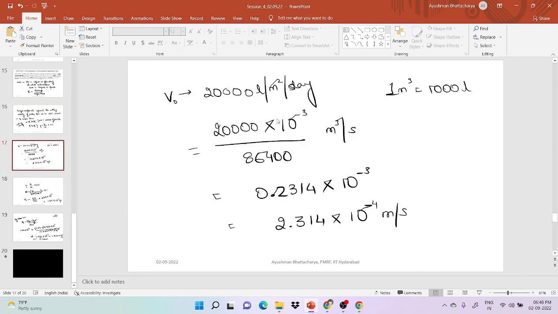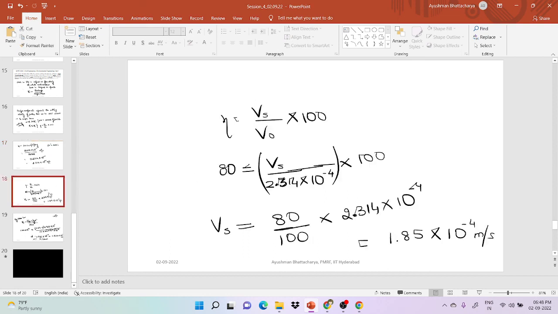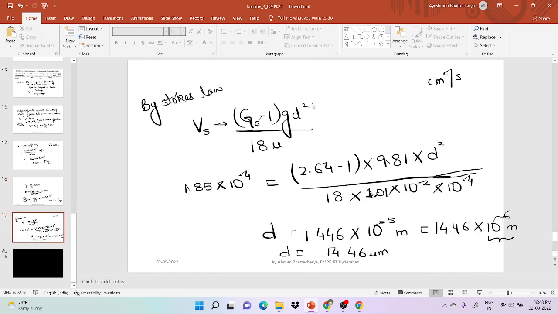After keeping all the data, we first converted the overflow rate into meter per second form. Then we used the similar formula to calculate the settling velocity. After calculating the settling velocity using Stokes law, we calculated the diameter of the particle. The diameter of the particle came out to be 14.46 micrometer.